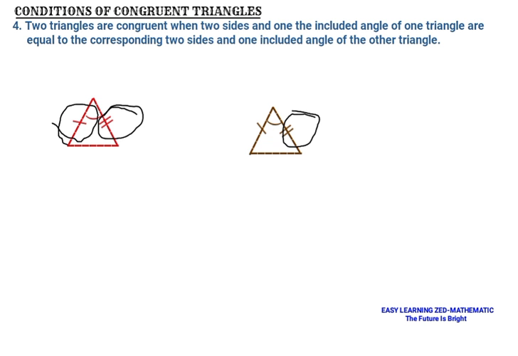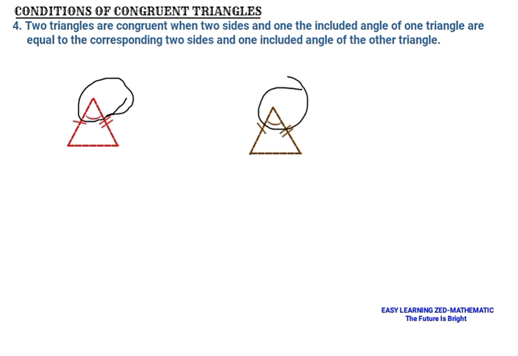Now let's look at the angles. As you can see, this angle as well as this angle are equal to each other. That means these triangles have also fulfilled the concept of being congruent using the angle.